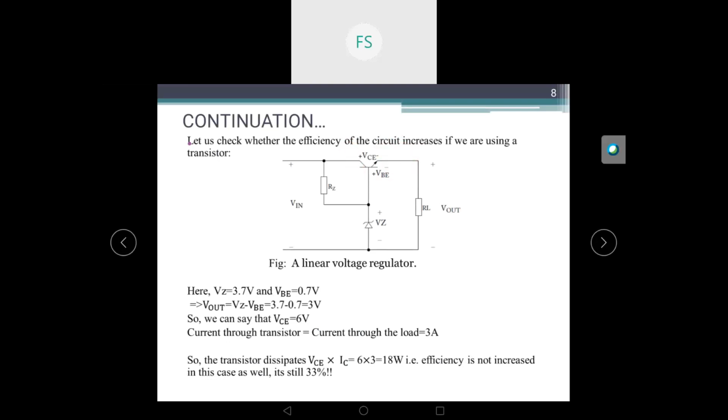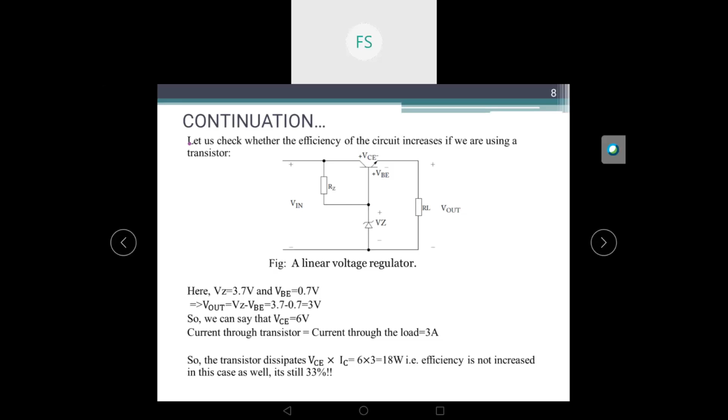So the transistor dissipates around 6 into 3, that is 18 watts, which is the same as that of a resistor. So here also we only obtain 33% efficiency. So the efficiency is not increased.